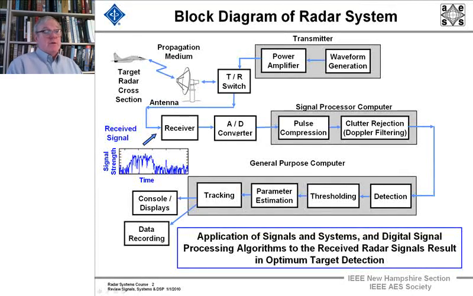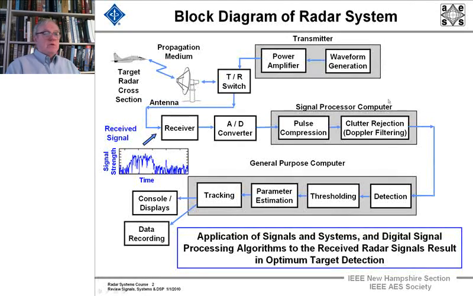And this, of course, implies that we're transforming the data from the analog received echoes to the digital domain where we do signal processing. And signal processing algorithm technology has improved drastically over the years because, with the progressions in Moore's law, we're able to do enormous amounts of digital processing.